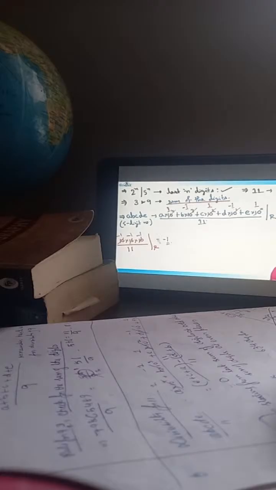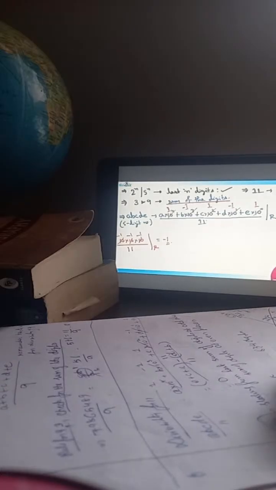So 10 cubed by 11 is minus 1. In short, any even power of 10 by 11 has remainder plus 1, and any odd power of 10 has remainder minus 1.